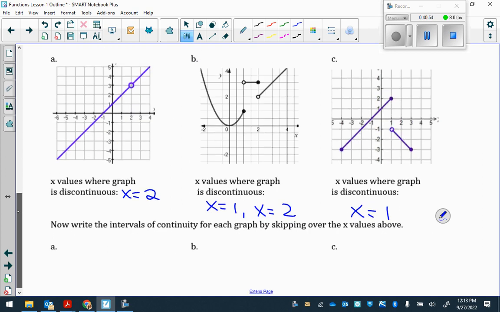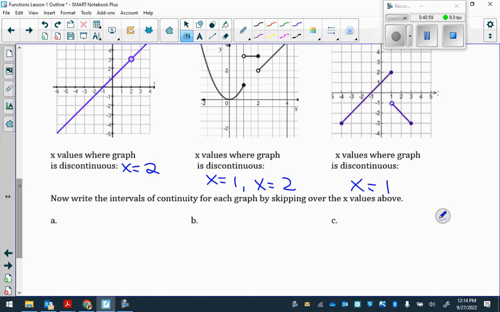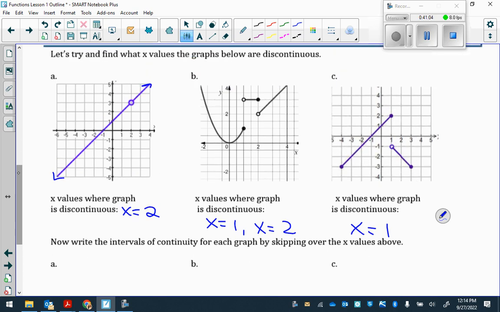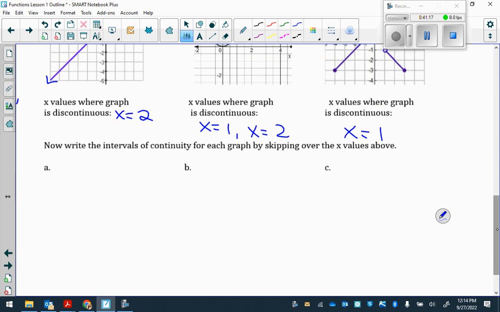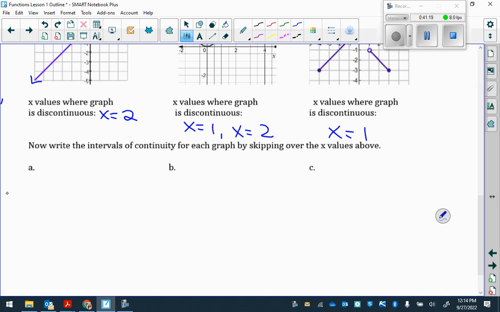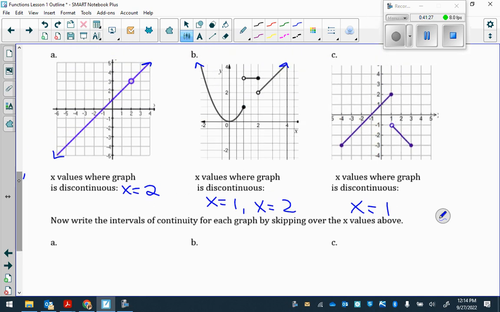So now we're going to write intervals of continuity. Here just include arrows at the following. Now, if we're looking at A, how can we figure out the interval of continuity? What's the smallest x value? We're looking at domain only, so we're looking at our x values.